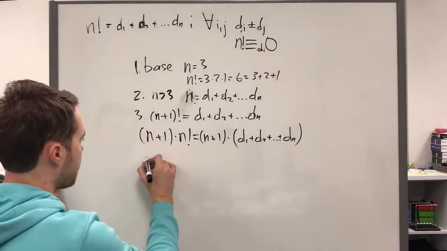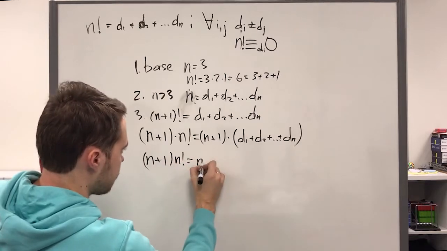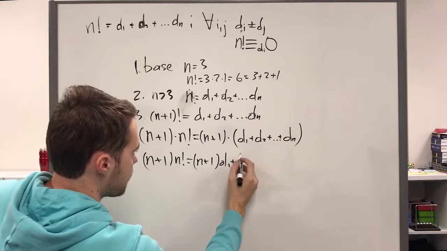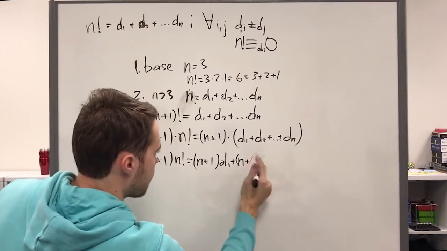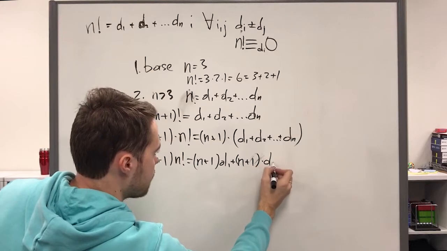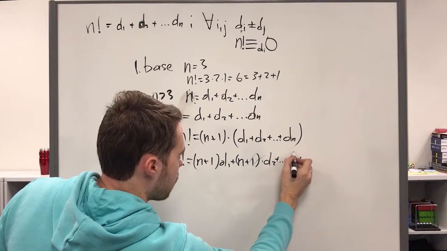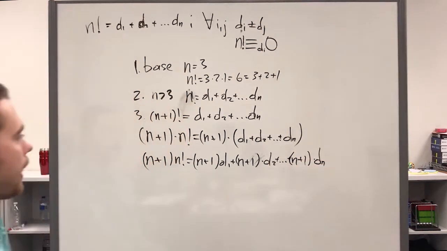So check this out. n plus 1 times d1 plus n plus 1 times d2 and plus n plus 1 times dn, okay?